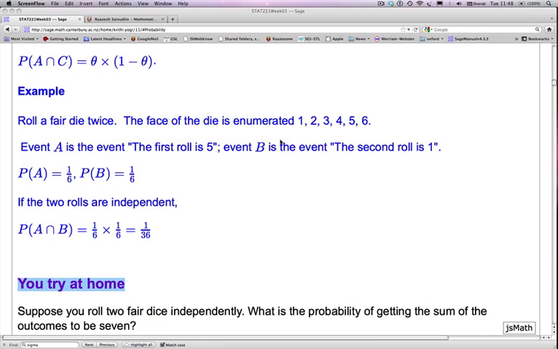Then the probability of A is 1 over 6, and the probability of B is again 1 over 6, because the first time we toss the die has nothing to do with the second time we toss the die. They're independent again. If the two rolls are independent, then the probability of A intersection B is 1 over 6 times 1 over 6, which is 1 over 36.